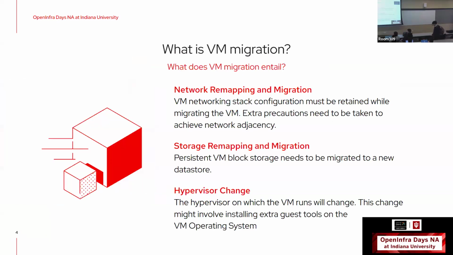Let's talk about what VM migration is. VM migration can be composed of three major pillars. I talked about me being a network specialized person. So the first thing is to map the old networks of the hypervisor in VMware to the networks in OpenStack.